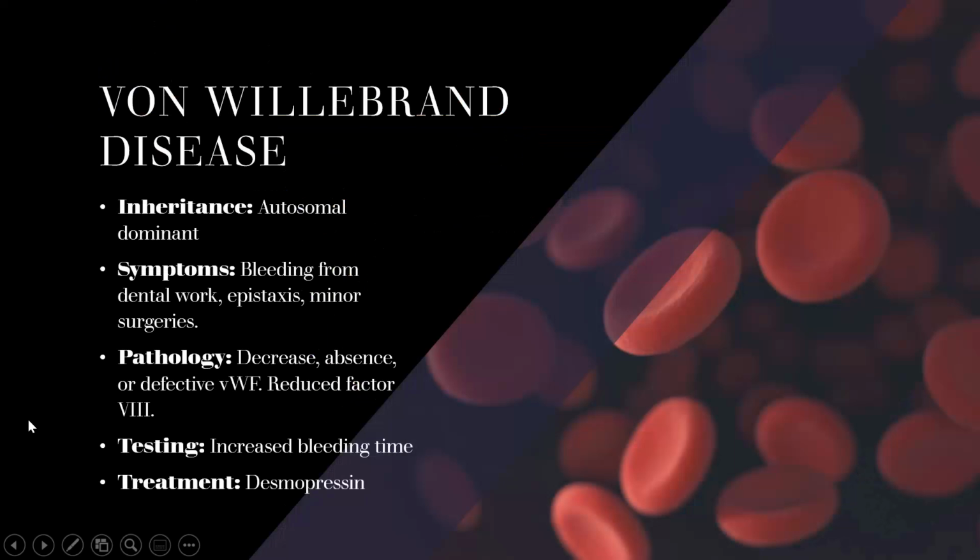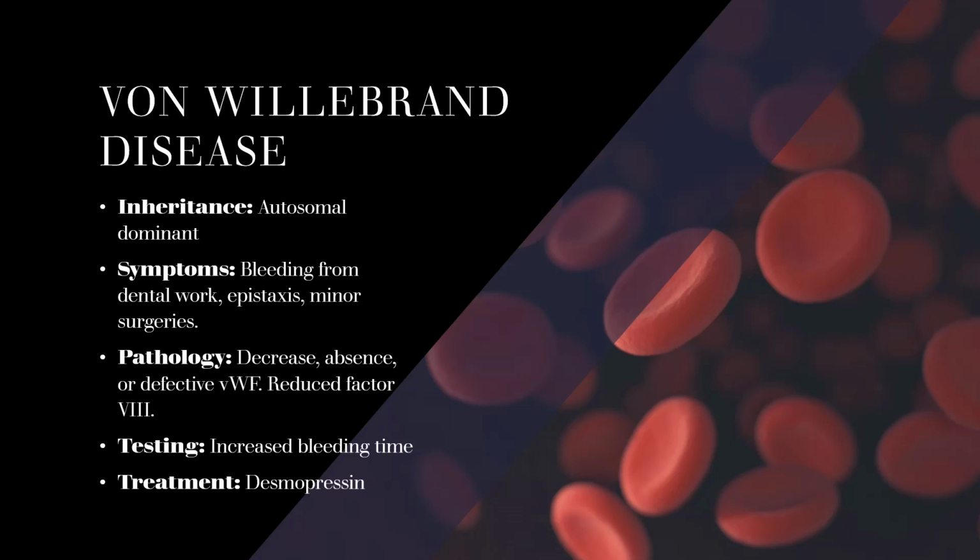So the first disease state we really have to talk about is von Willebrand disease. For the sake of USMLE Step 1, you really only need to know type 1. There are multiple types of von Willebrand disease, but we'll just talk about type 1 here. The inheritance is autosomal dominant, and symptom-wise, a good way to look at it is that bleeds from primary hemostatic disorders, meaning platelets, are superficial, and the bleeds from secondary hemostasis, aka the coagulation cascade, are deeper bleeds.